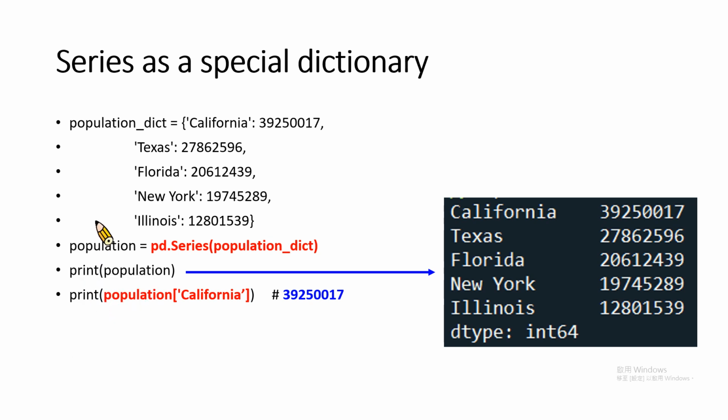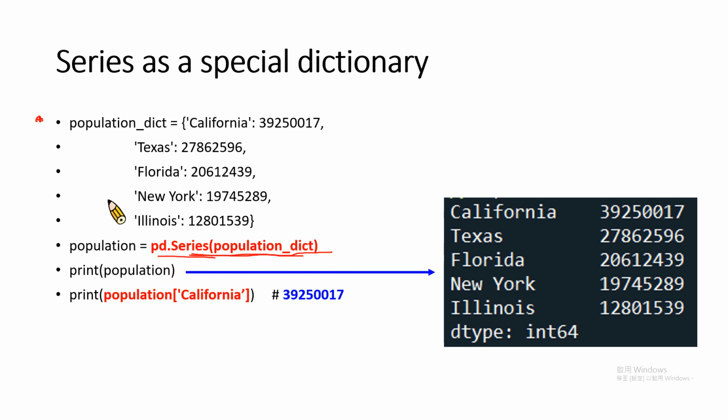Another important concept is that we can view a series as a special dictionary. So this is the dictionary, and we can construct a series from the dictionary like this.